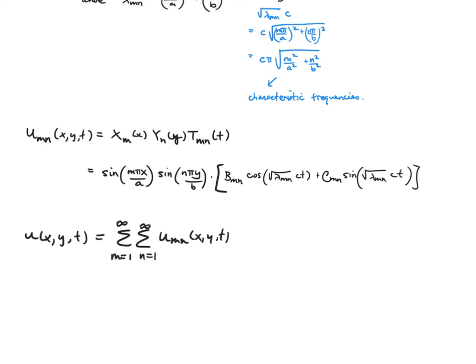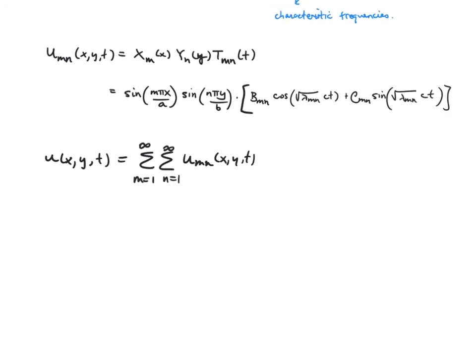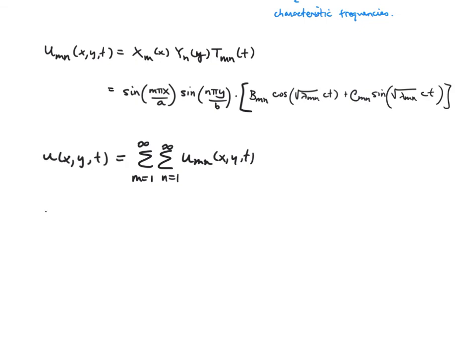All right, so the only thing that's left is the initial conditions, which in turn should hopefully determine my coefficients b_mn and c_mn. So let's go on to the initial conditions and see what we get.